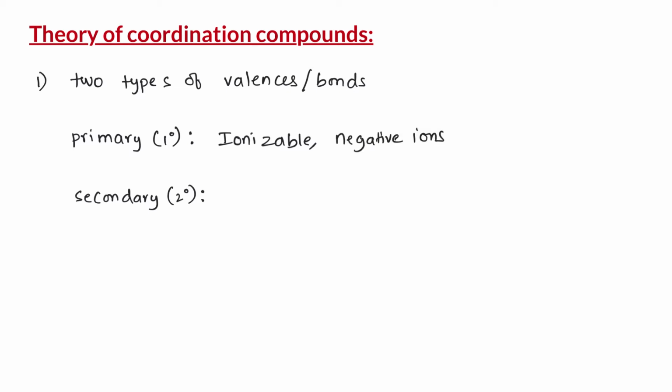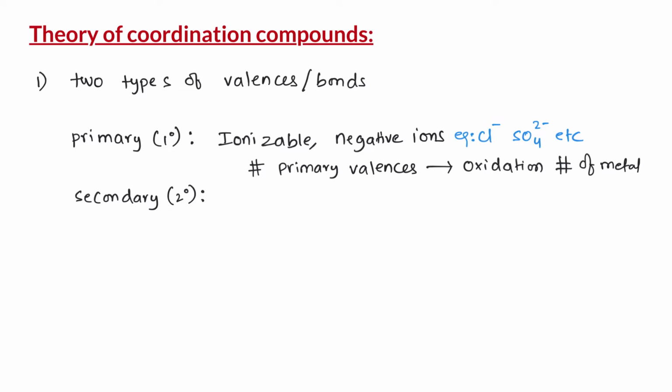Any anion can act as a primary valence, for example, chloride ion, sulfate ion, nitrate ion, etc. The number of primary valences in a compound gives us the oxidation number or oxidation state of the metal.